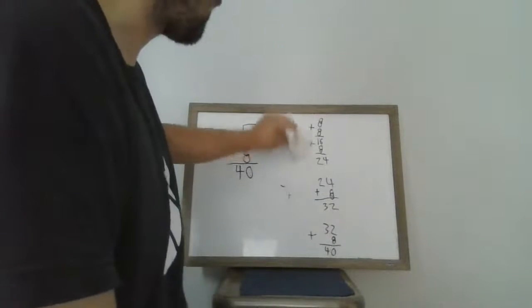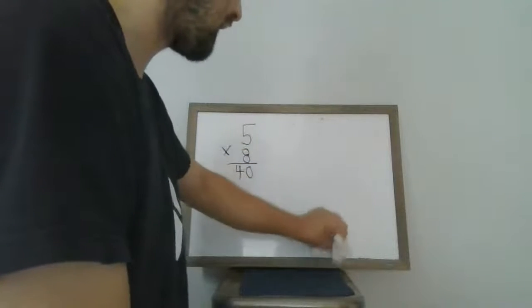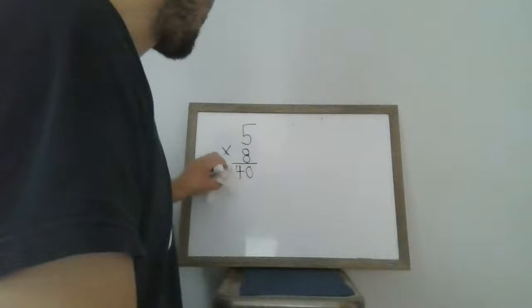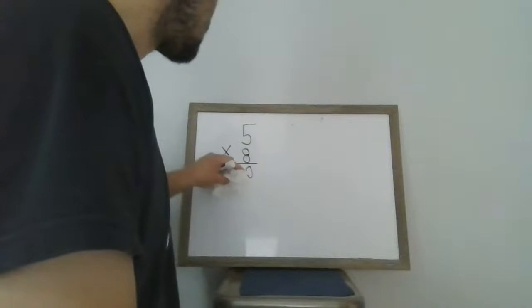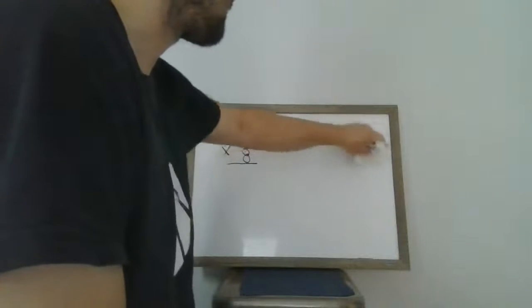Now again, if you aren't able to skip count, skip counting really does make it a lot easier if you're able to continually add 8 or whatever the number is in your head. It makes it so much easier. But again, there is a way to solve the problem if you're not able to do that.